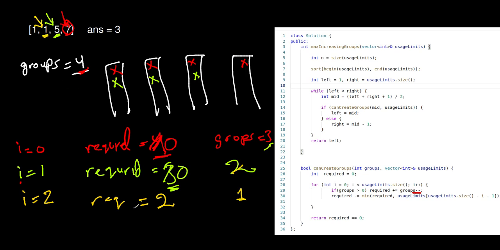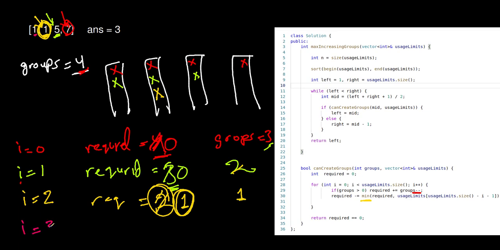Now required is 2, and this element has only 1 value, so in this case we take this one element and put it in this group, and after this iteration 2 minus min, so we took one element, 2 minus 1 is 1, so we still need one element. We will try to find it in the next value here.